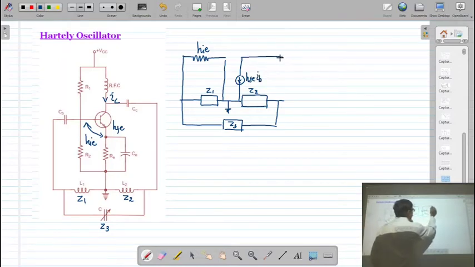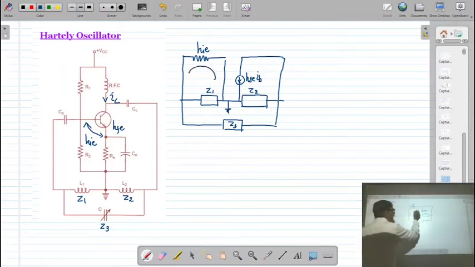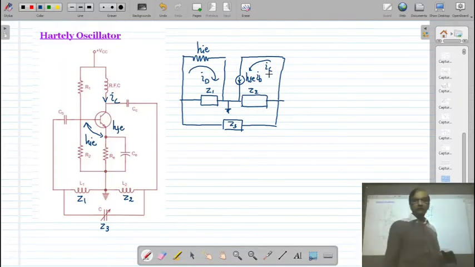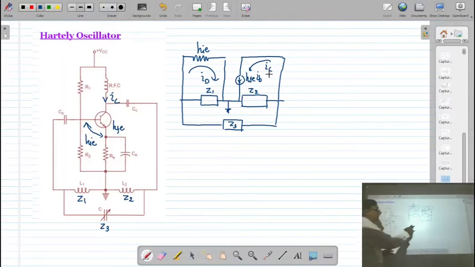Remember. And then the output of the transistor is connected to this. If there is a flow of base current at the input, then there will be a flow of collector current in the output, and the value of the collector current is going to be hfe into IB. So this is the equivalent circuit of your Hartley oscillator, and here we will find out the frequency of oscillation. Okay.